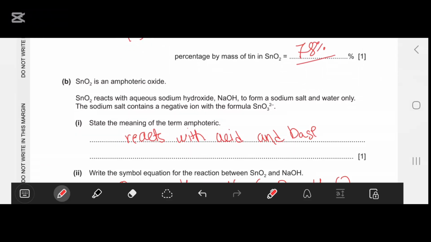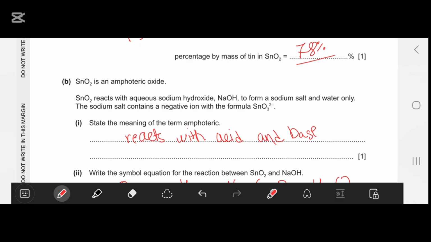Tin oxide is amphoteric. Tin oxide reacts with aqueous sodium hydroxide to form a salt and water. Only the salt contains a negative ion with the formula SnO3 2-. Okay, good. State the meaning of the term amphoteric. Amphoteric means it reacts with both acid and a base.